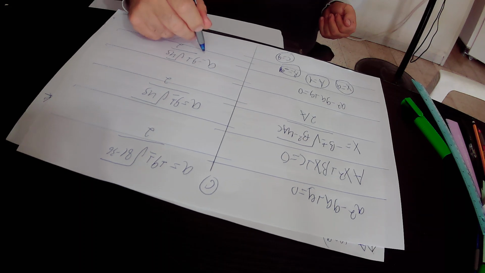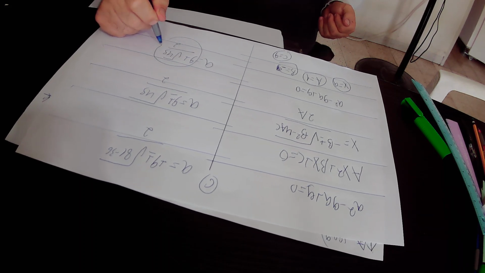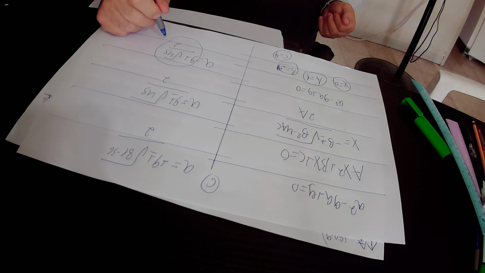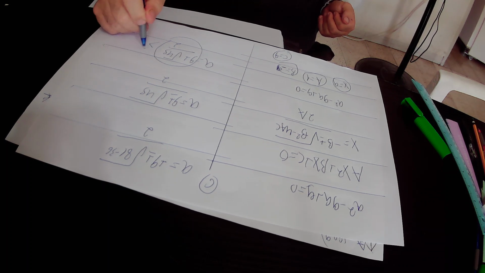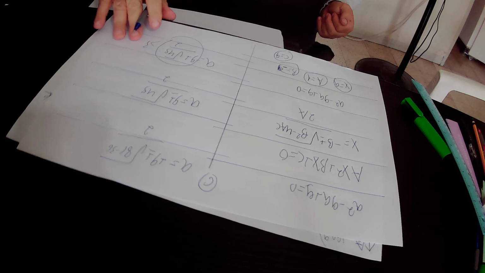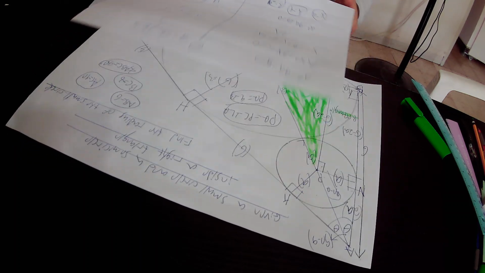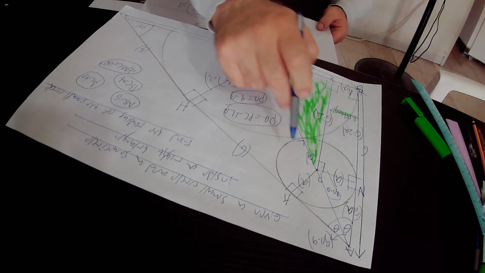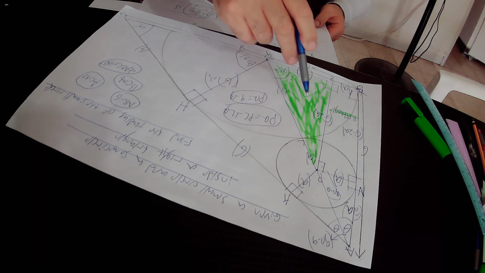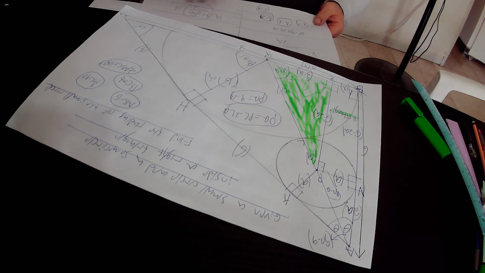This expression is greater than 3. That is to say, we found out that a, the radius of this small circle, is greater than 3 units.